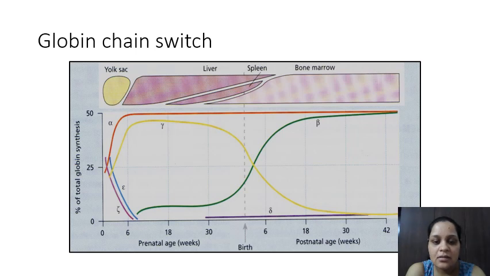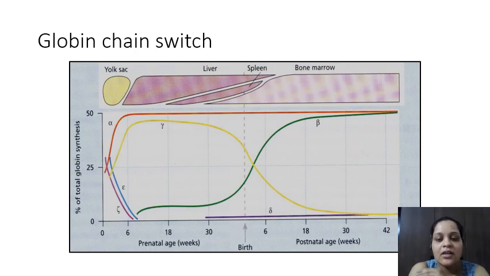After birth, the levels of gamma chains gradually diminish, whereas the levels of beta chains gradually increase, and at about 3 weeks after birth, the amount of gamma chains becomes equal to the amount of beta chains, and a switch happens. Therefore, the heading of this diagram is globin chain switch.